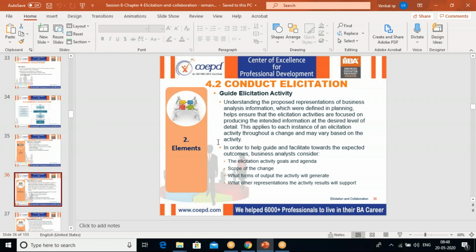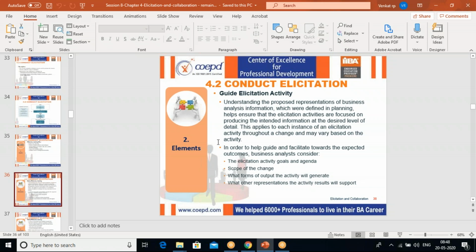Now we need to guide it. Guiding this elicitation activity means, first, we have to understand how to conduct this activity and come up with the guidelines of how to do it. We should make everyone understand this particular initiative or action item, and the role of each stakeholder involved in the elicitation. Then from there we initiate this particular change, and come up with a plan about how this elicitation activity will be conducted.